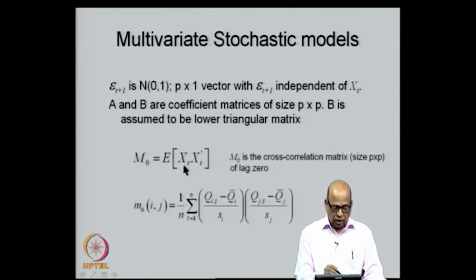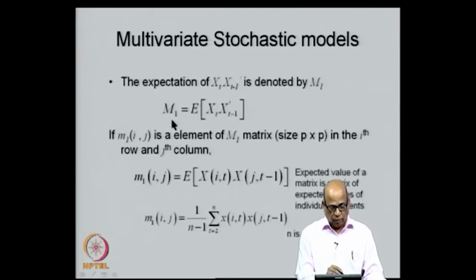Now, I will lag it by one time period and write the expected value of x t with x t minus 1 prime. So, I will define m 1, which is a p by p matrix, as the expected value of x t x t minus 1 prime. So, I am lagging it by one time step and then taking the expectation.